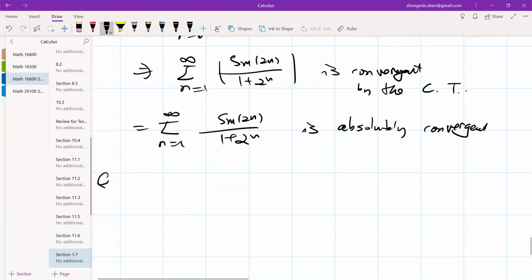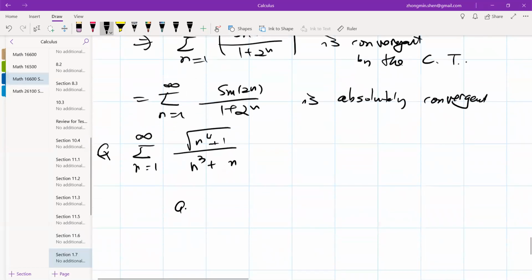So let's do the next problem. Okay, now this is a very complicated term, right? It's positive, it's good. Both numerator and denominator are almost polynomial functions, so we just need to look at the leading term.